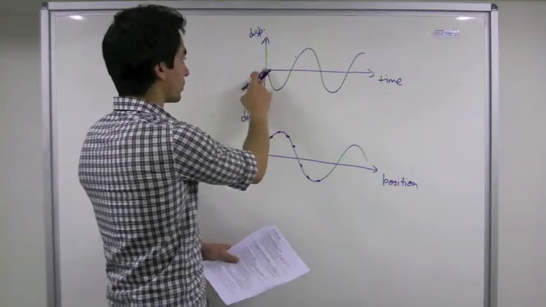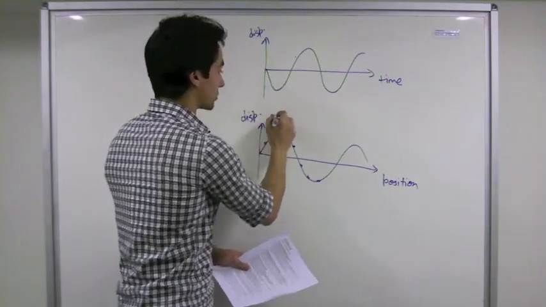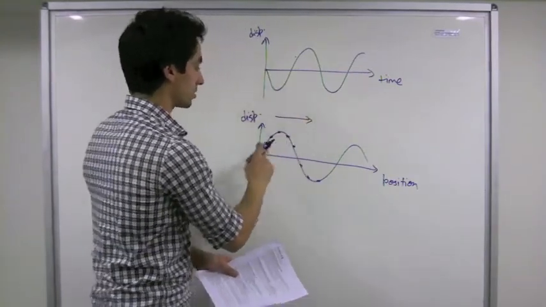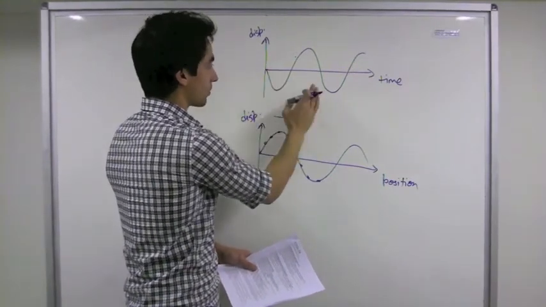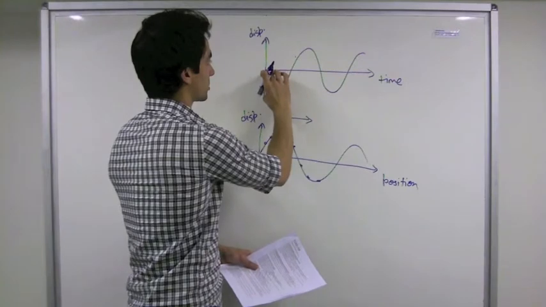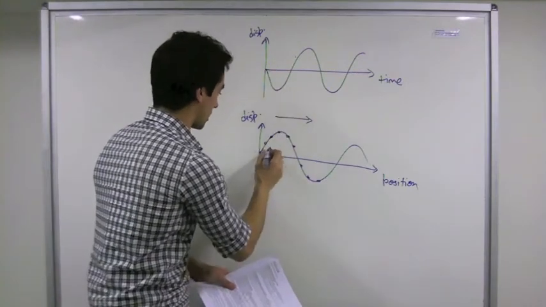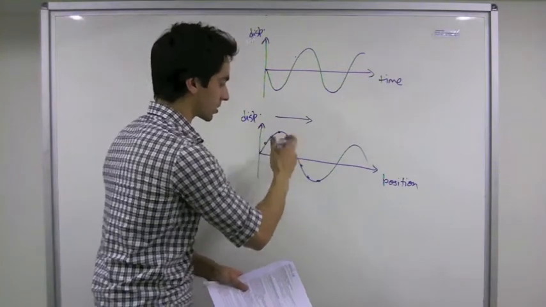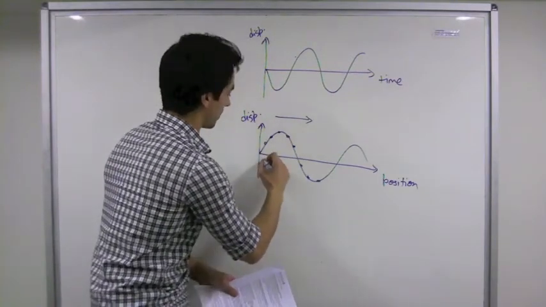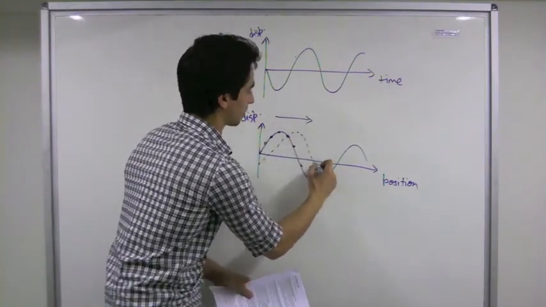For this part, let's assume that the wave is moving in this direction. For this particular particle, you can see that as time progresses, the particle is going to move downwards. So which one of these particles could that be? Let's say a fraction of a second later, the wave would look like this.